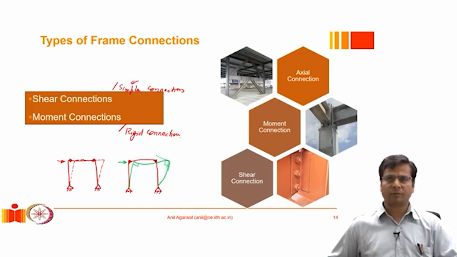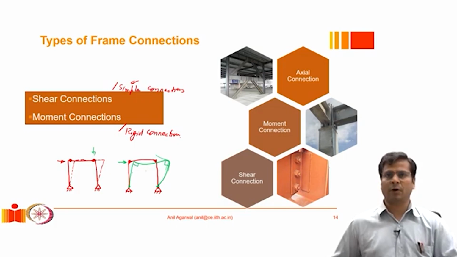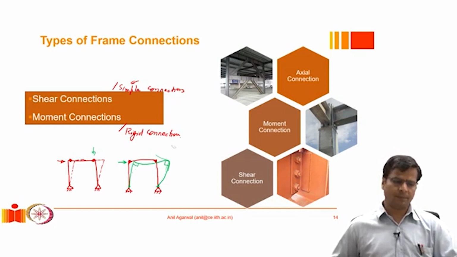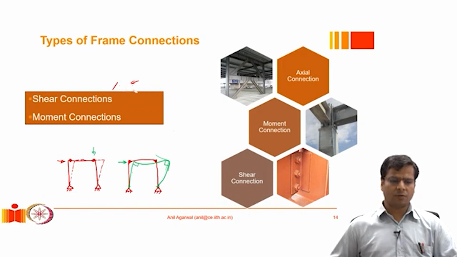In this kind of a deformed shape, you can see that the members are going to be subjected to flexure. The members will not remain as rigid bodies like that was the case in the previous example. Here the members are subjected to flexure. That means this frame is offering resistance to the lateral load. Okay. So these two types of connections are very commonly used in steel structures, and we will learn about them.